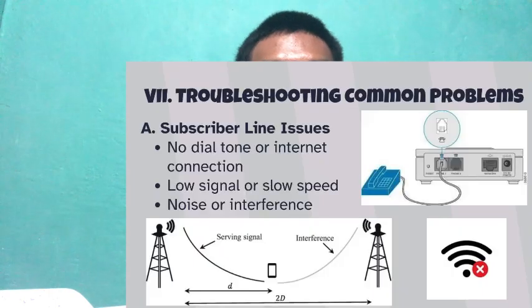Next, let's talk about troubleshooting and common problems in subscriber line. In troubleshooting, you're just like a detective. You start with the crime or the problem and use your tools, just like I mentioned earlier, the multitester and OTDRs, to find the culprit or the fault.